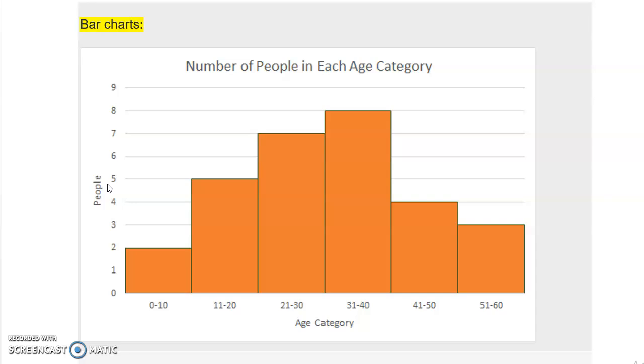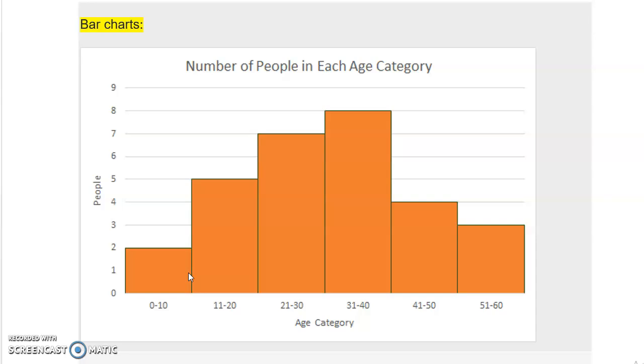You have to know that the data put here on the vertical side must be changeable, or it could be changeable, and the ones that are made here horizontally will be fixed. So here we can have the age category. It starts with 0 to 10, 11 to 20, and so on. And on the vertical axis, we have from 0 to 9.